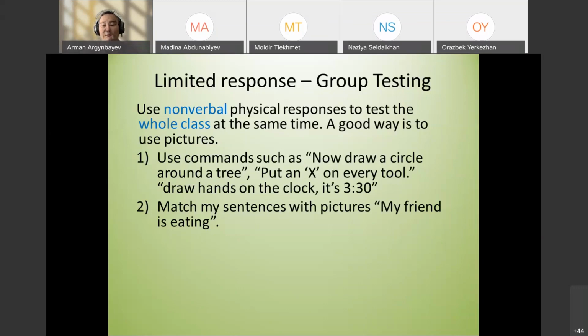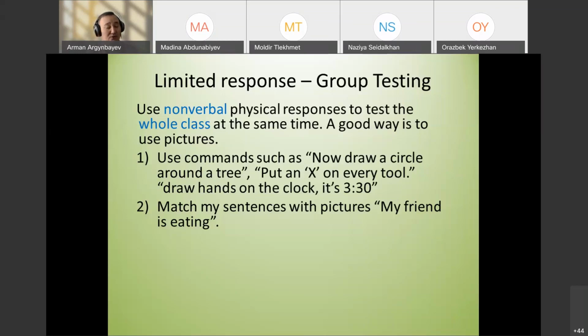So again, what can we use? We can use pictures. For example, use a command such as, now draw a circle around a tree. So we give a picture, and students have to draw a circle around the tree. Put an X on every tool. There are different tools: hammer, screwdriver, an axe, and so on. Draw hands on the clock.